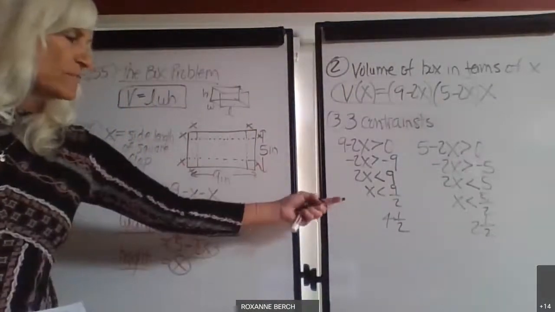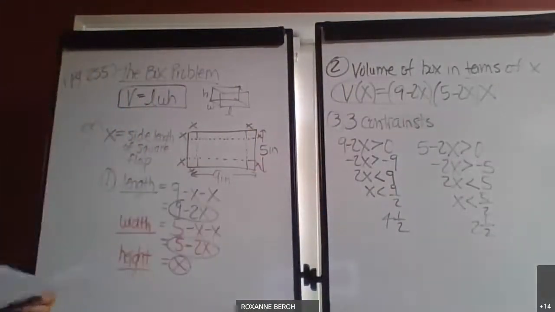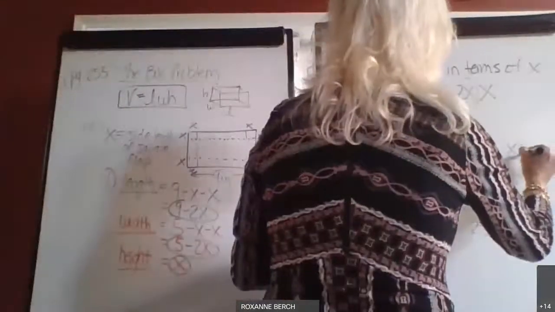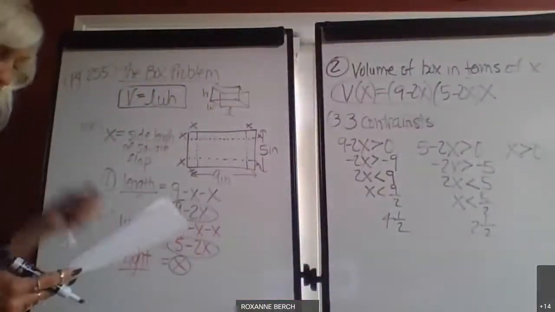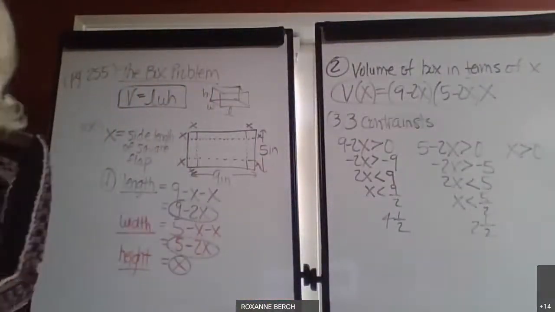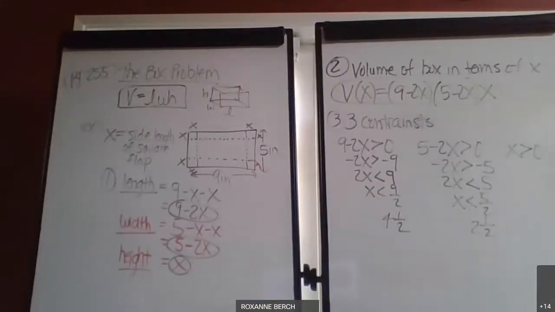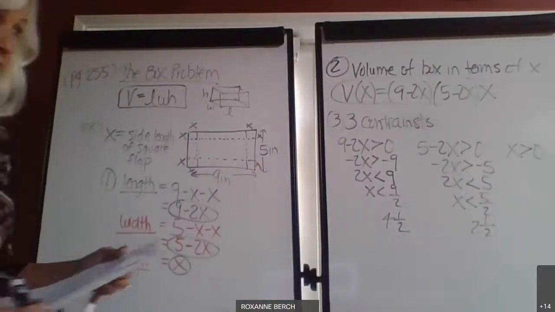So this is the constraint for the length. That's the constraint for the width. And then we know that x, the height, has to be greater than 0. So what we're going to write right now is something called the feasible domain.